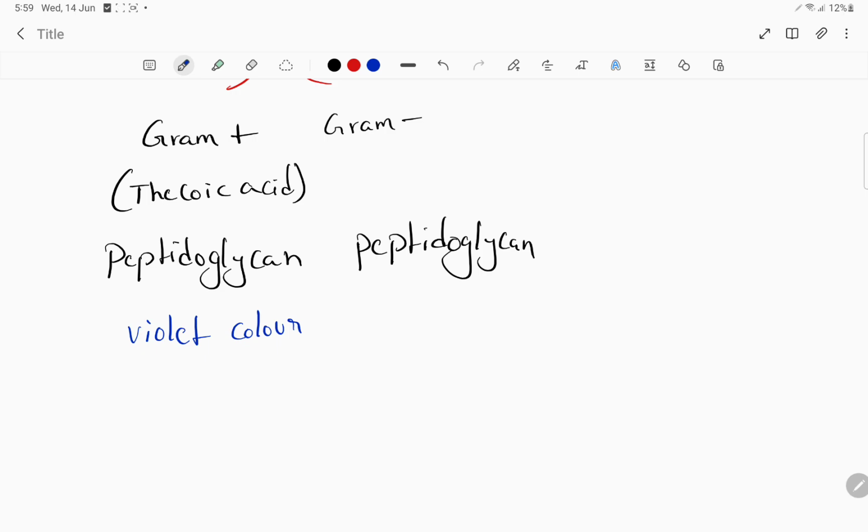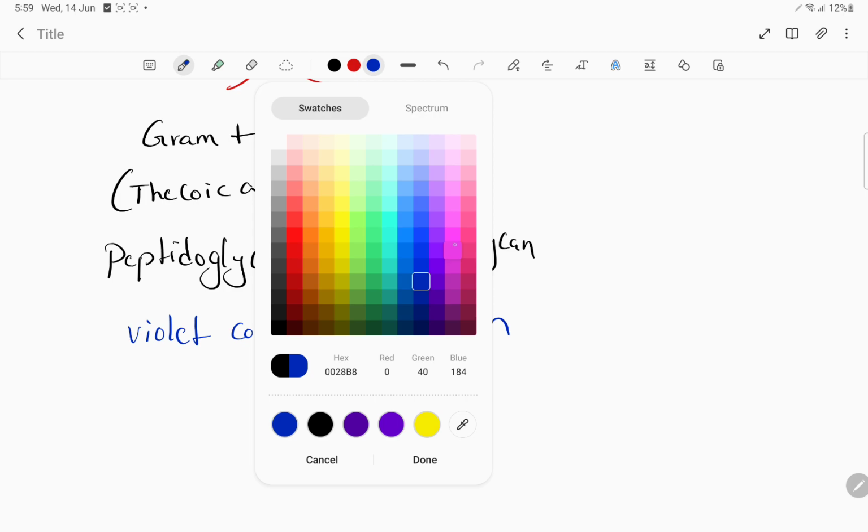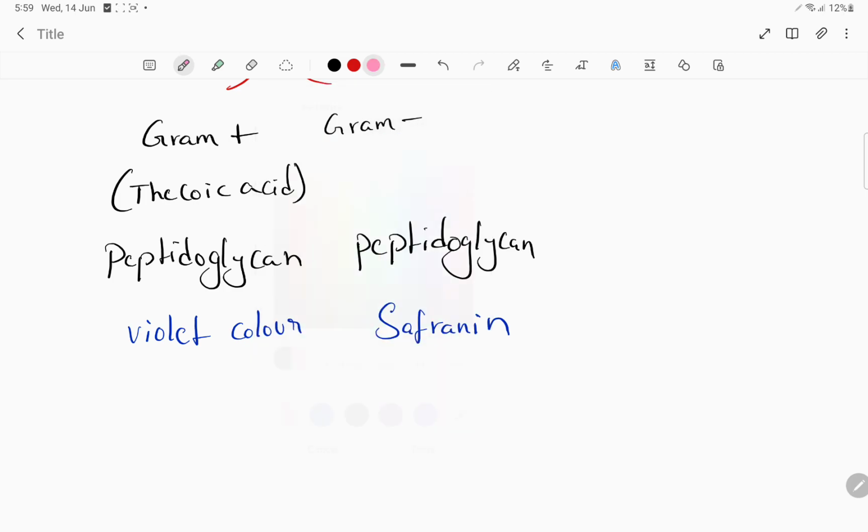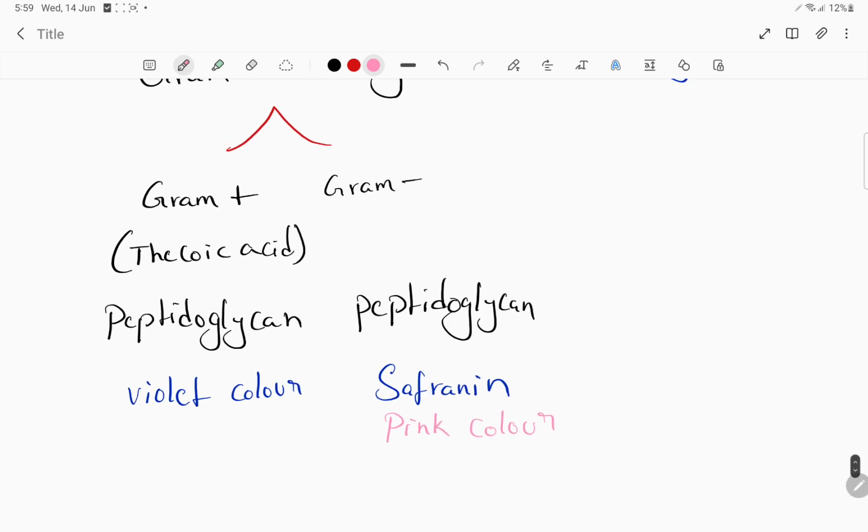By adding safranin, it gives pink color. So pink color is gram negative and gram positive is violet color.